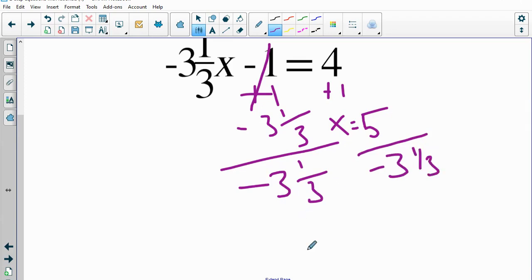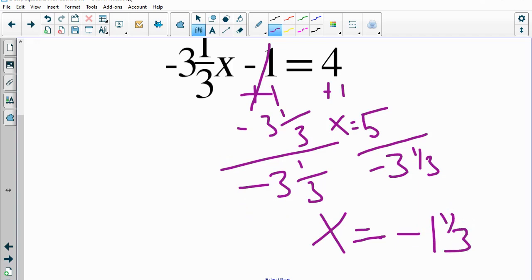All right, very good. So that gives us x equals 5 divided by 3 fraction key 1 fraction key 3. And I happen to know that this is a positive and negative, so my answer is going to be negative 1 1/3.